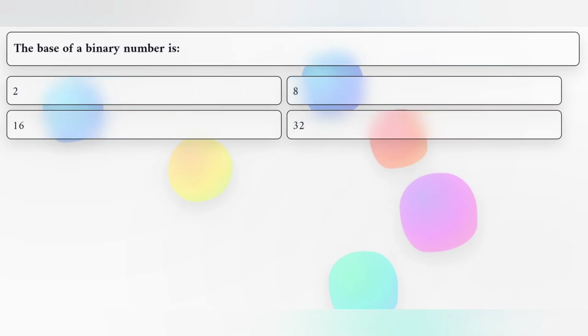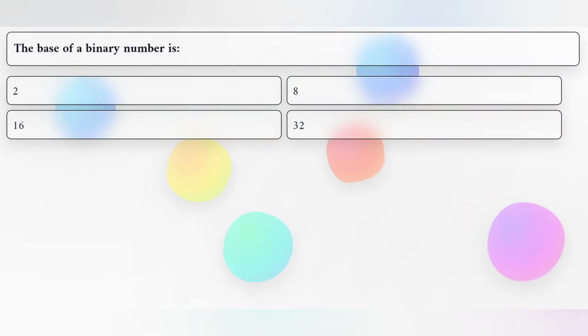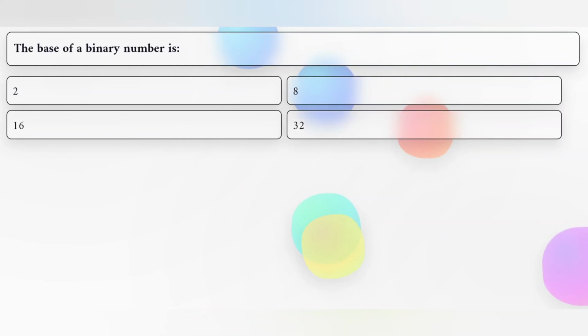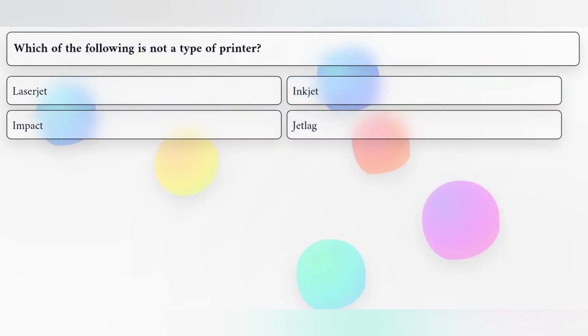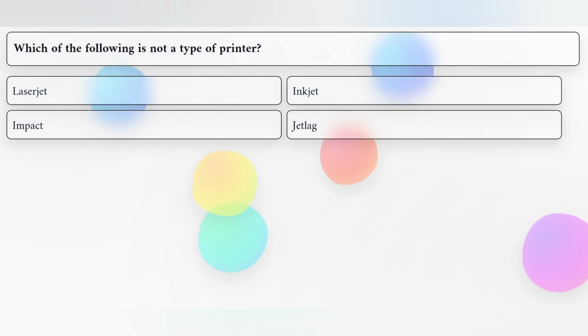The base of a binary number is 2, 8, 16, 32. Which of the following is not a type of printer? Laserjet, inkjet, impact, jet lag.